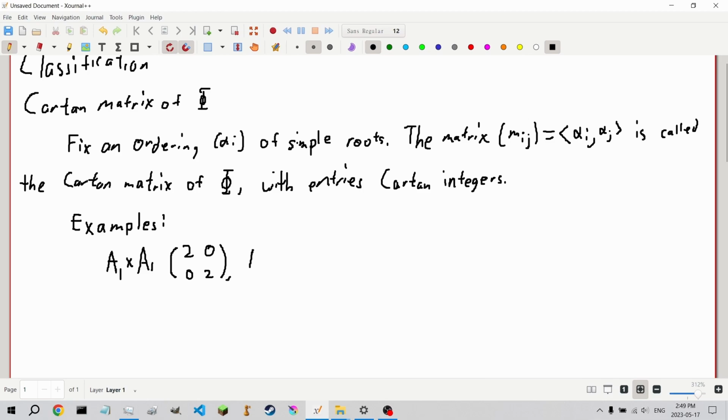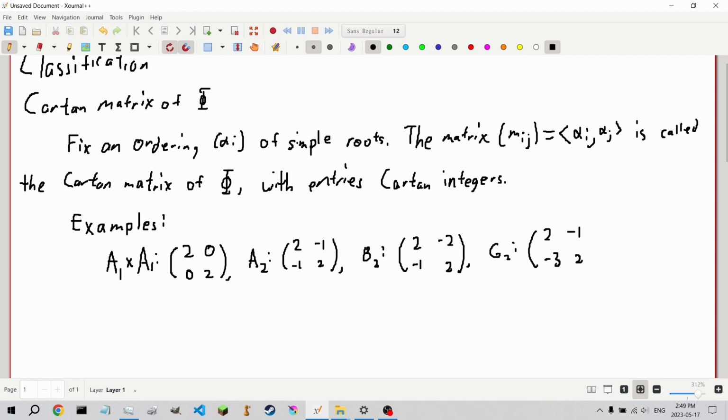The Cartan matrix of A2, as we drew it before, being 2, -1, -1, 2. The Cartan matrix of B2 being 2, -2, -1, 2. And the Cartan matrix of G2 being 2, -1, -3, and 2.